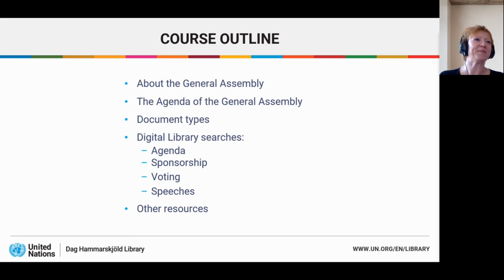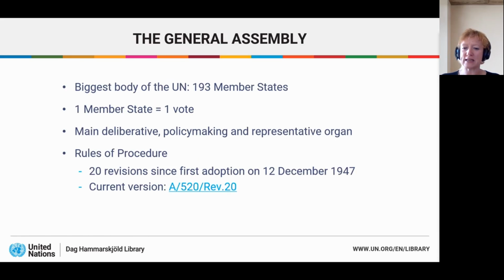The General Assembly is the biggest body of the United Nations. All 193 member states are represented in this organ, and each member state has one vote. This makes it the main deliberative, policy-making, and representative organ of the international organization.